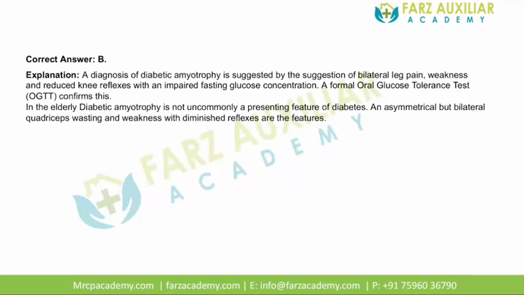This is more common in elderly diabetics rather than in the young patient population with diabetes. To confirm the diagnosis, you need to subject the patient to a formal oral glucose tolerance test, where you give the patient 180 grams of glucose and then check the blood sugar level after 2 hours to make a formal diagnosis of diabetes mellitus.